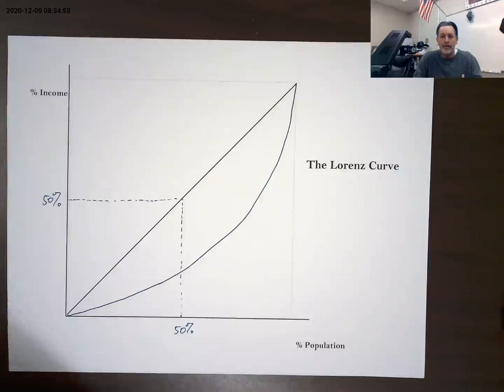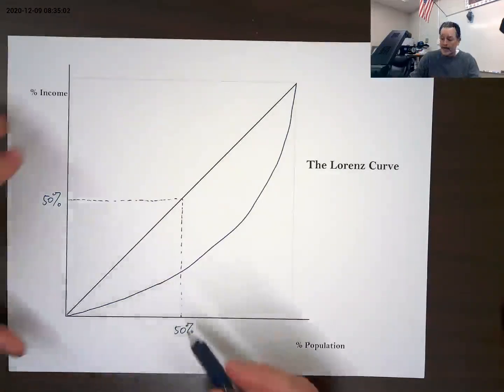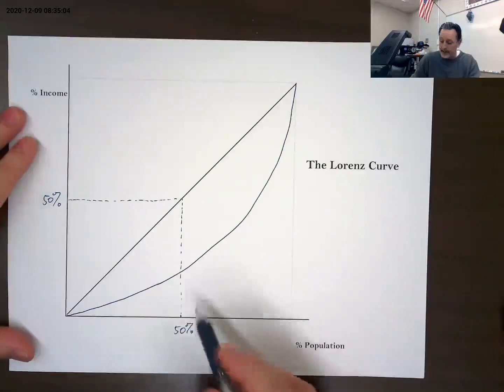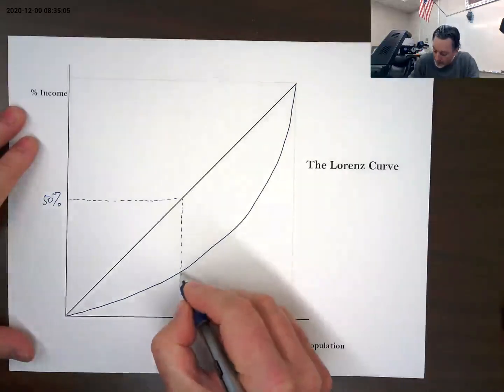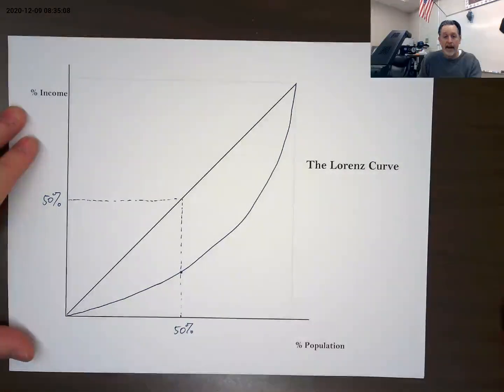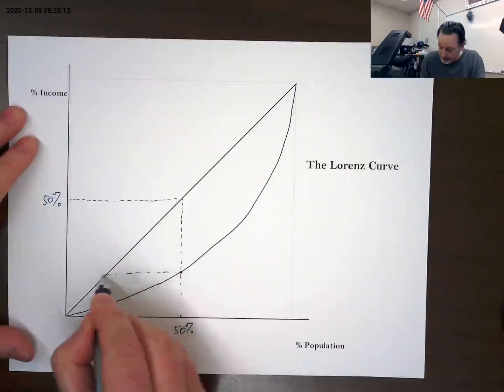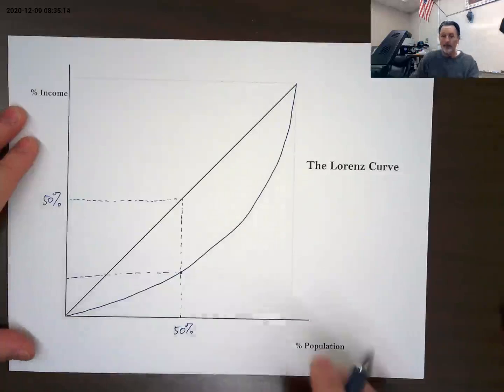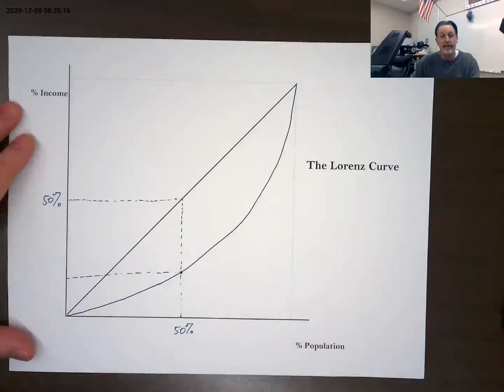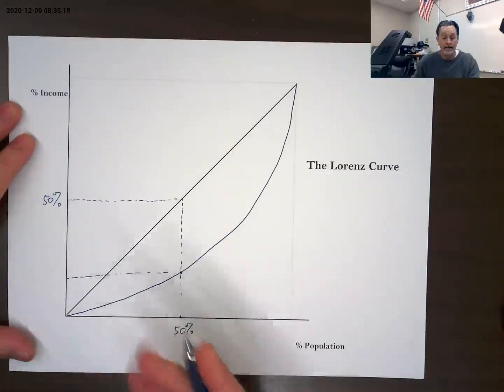And if we notice, we can use that 50% marker there on our population to demonstrate to us that in this particular society, we can see that 50% of the population holds significantly less than 50% of the income.